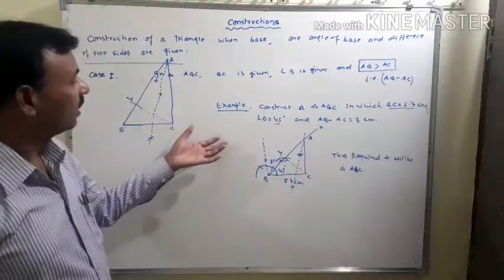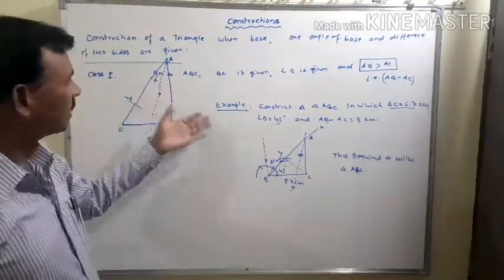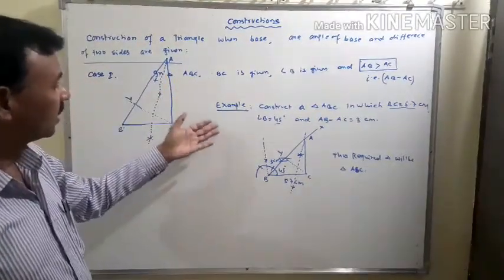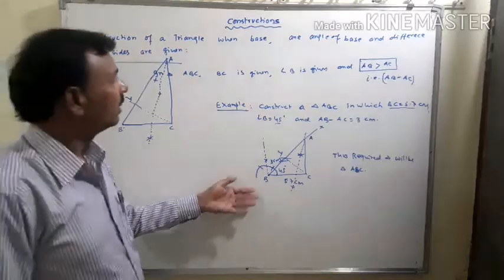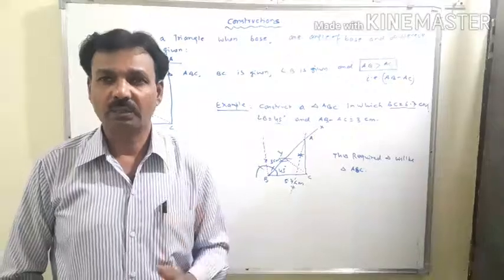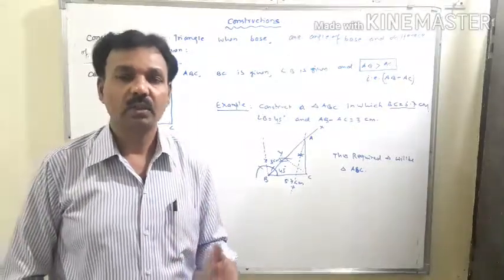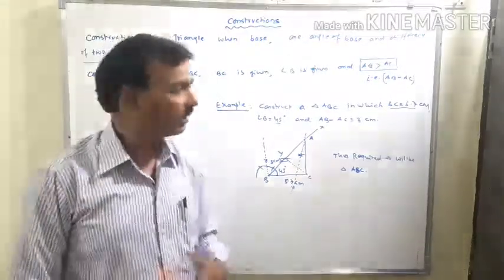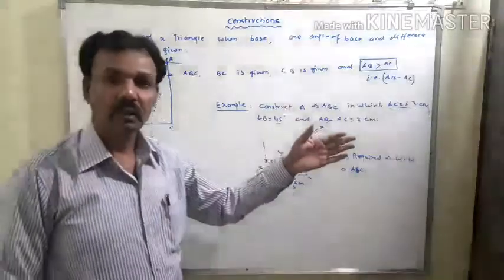This is the construction of a triangle when the base, one angle of the base, and the difference of the two remaining sides are given, if the first side is greater than the other.